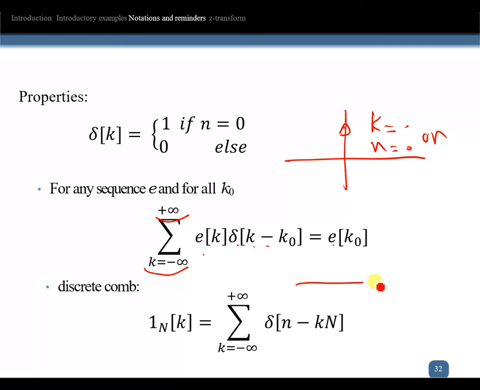That means any signal multiplied by the Dirac k minus k0 takes the value e(k0), because there the Dirac is 1. The comb will be Dirac n minus kn, with k equal to minus infinity to infinity.